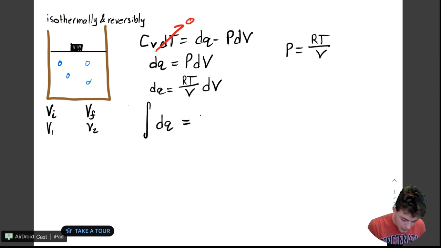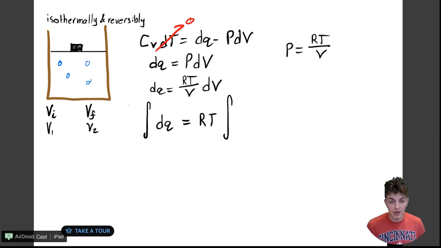And now, importantly, we can bring RT outside of the integral, as the constant temperature and the gas constant are both going to be constants. And now we have come up with this relationship. So we have some sort of integral that we want to find here, and we need to go ahead and define some bounds for this expression. Now the volume one is going to be quite simple, right? We want to go from our initial volume all the way to our final volume. And for the heat, this may be a little bit more difficult.